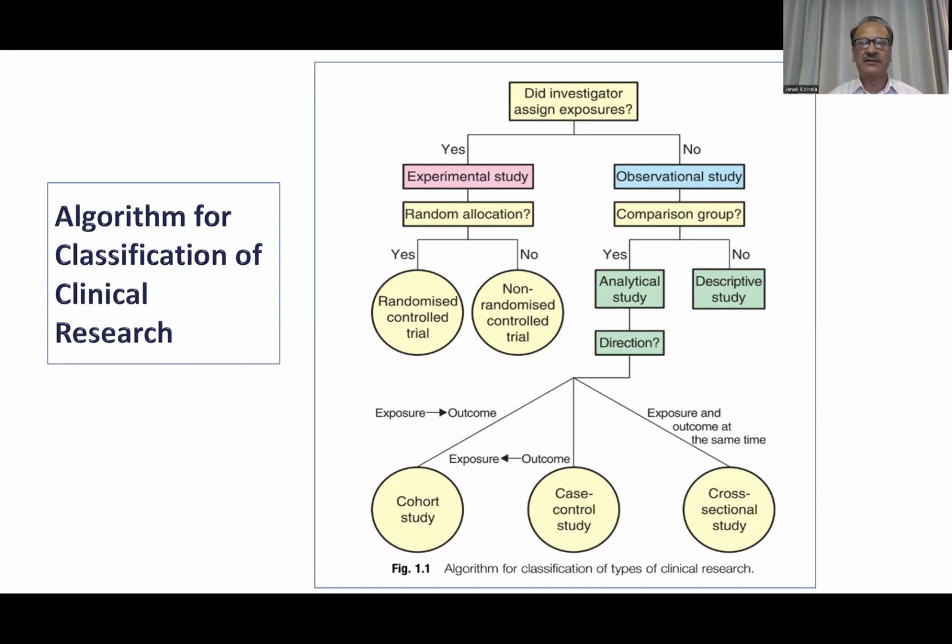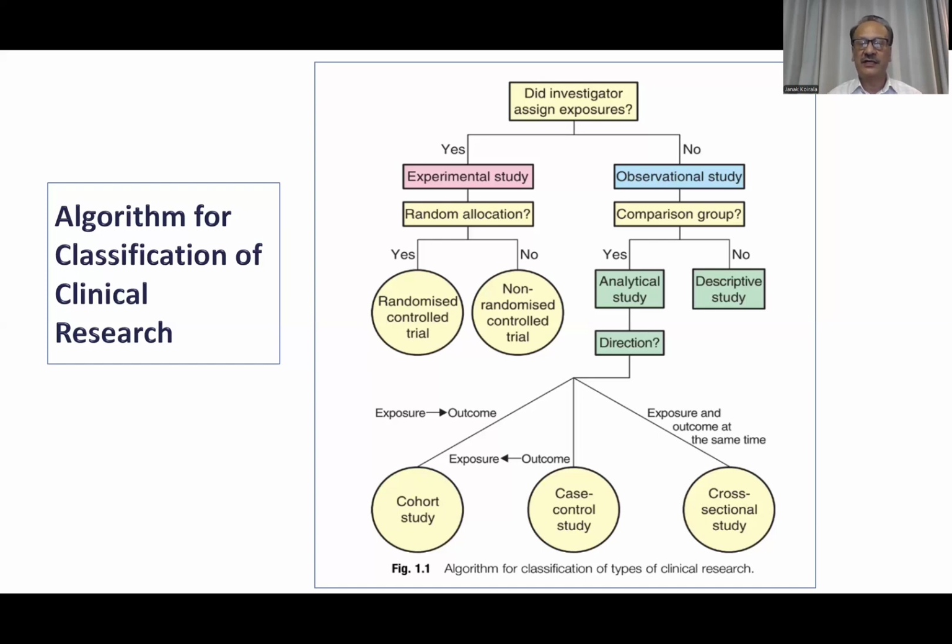On the experimental study side, if it's randomized, it's a randomized control trial. If it's non-randomized, it could be a non-randomized control trial or quasi-experimental study. Under the observational study, if there is no comparison group, it's a descriptive study. If there is a comparison group, then it's called an analytical study.